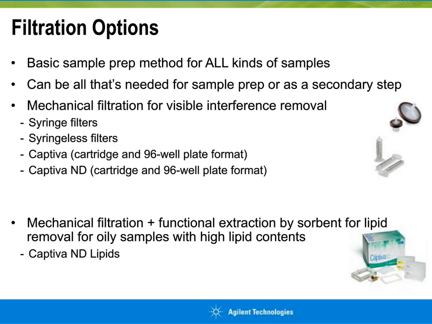So therefore, you can do protein precipitation directly in the well before applying vacuum, positive pressure, or centrifugation. In the case of Captiva ND Lipid, this incorporates the mechanical filtration that we talked about, but has a built-in lipid removing sorbent that will retain lipids from your sample.